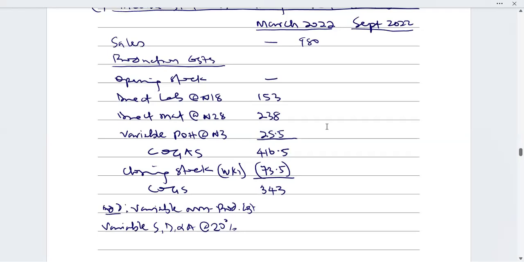So what's 20% of 980? 196. So 196 plus 343, what do you get? 539. So minus 980.